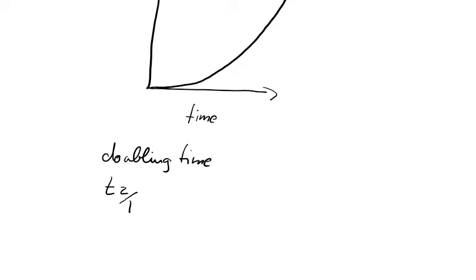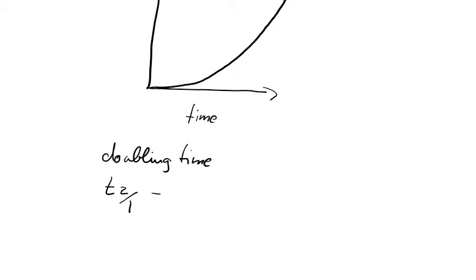Doubling time is T2/1. But the great thing is, you don't have to learn anything new because nothing really changes for the doubling time and the half-life.